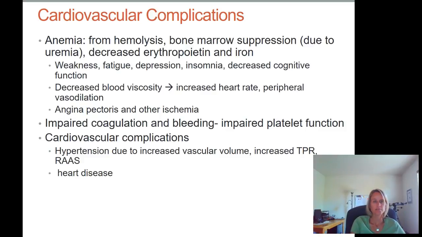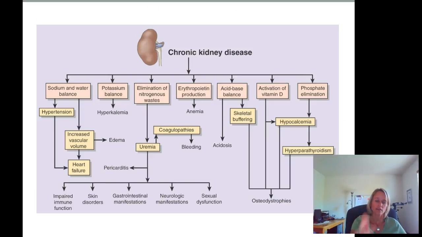heart disease. Okay, and this slide just kind of sums up all of those things: problems with sodium and water balance, problems with potassium balance, hyperkalemia, elimination of nitrogen waste. They accumulate, we get uremia, and that affects lots of things.